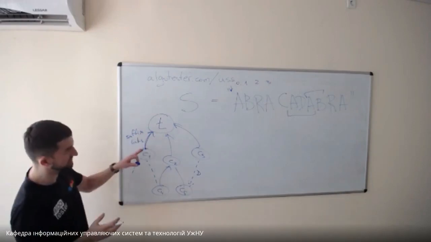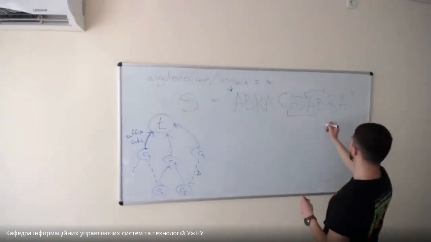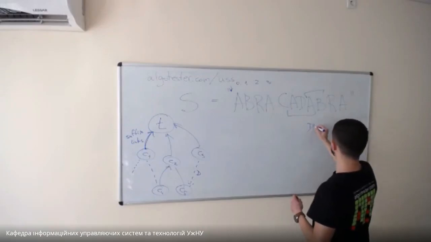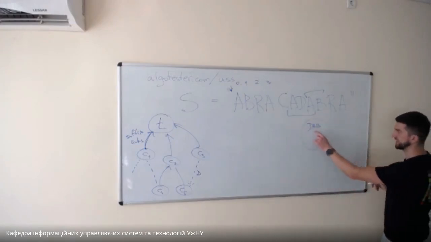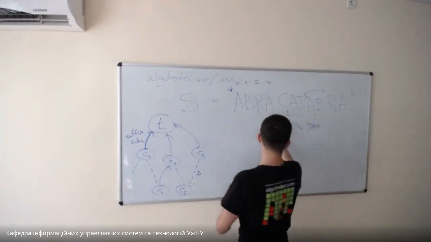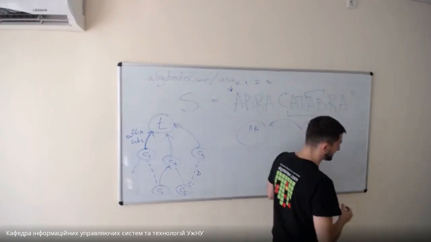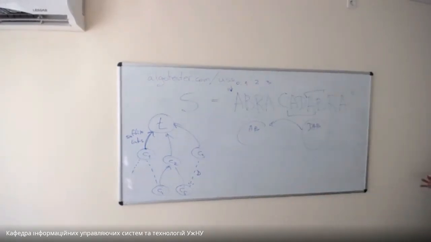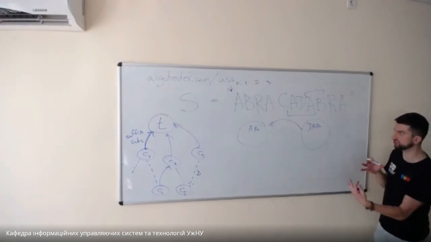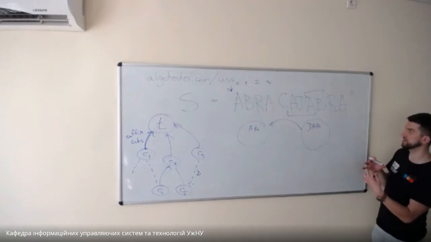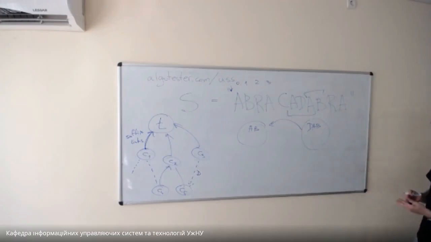Suffix links simply say that, for example, if you have DAB, well, a class of equivalence which contains DAB, and there is a suffix link which leads to AB. So it says what is the class of equivalence which contains the longest suffix of DAB. So that's the suffix link.